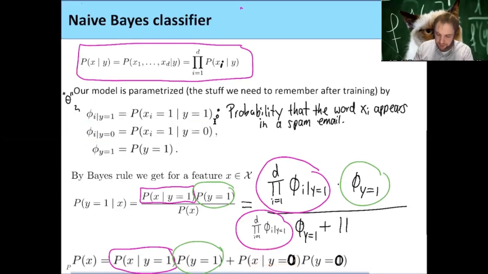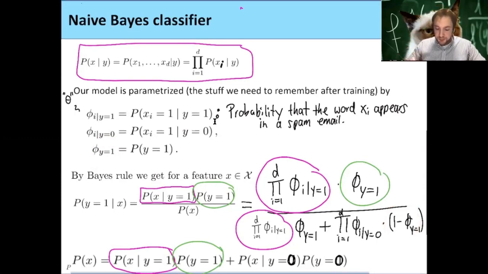So here we can take the product, i goes from 1 to d, phi i given y equals 0, times the probability that an arbitrary email is not spam, and there we can just take 1 minus phi y equals 1. Because if I know the probability of something being a spam email is this probability here, then 1 minus this gives the probability of something not being spam.